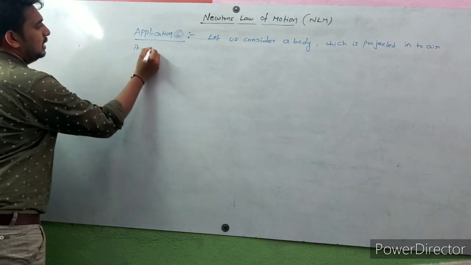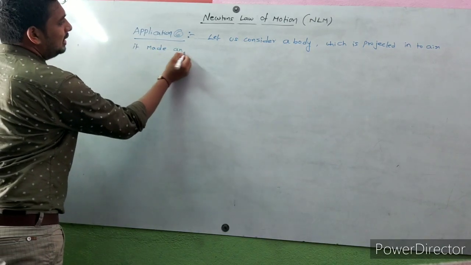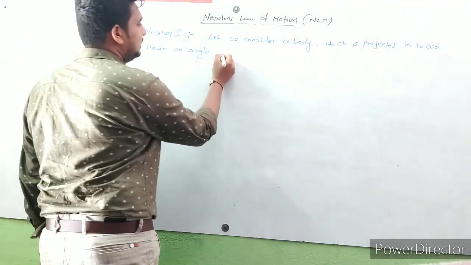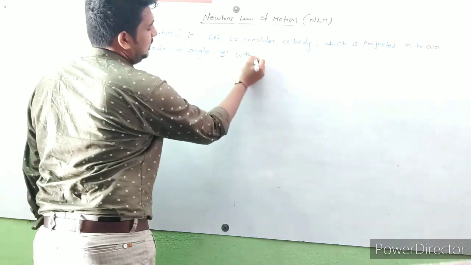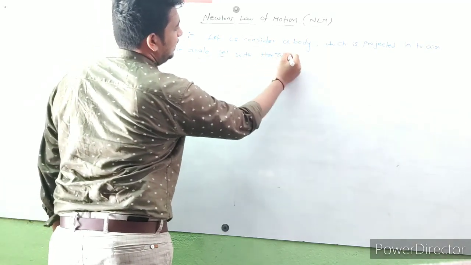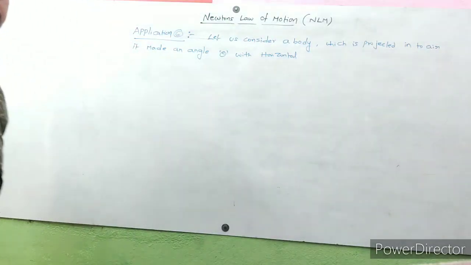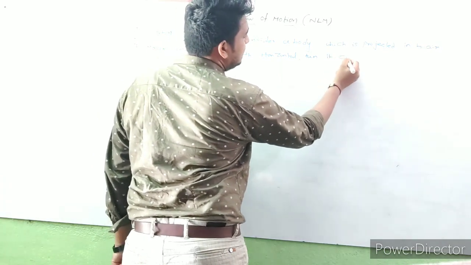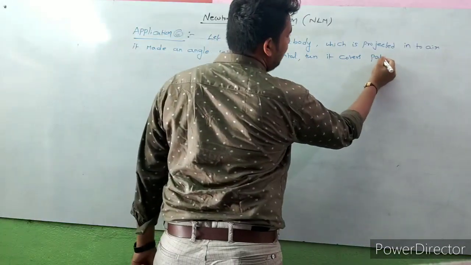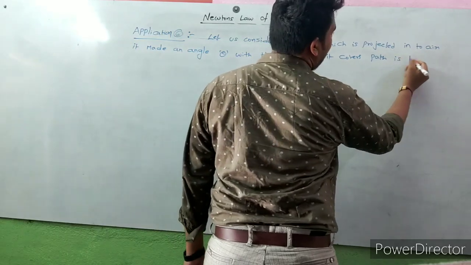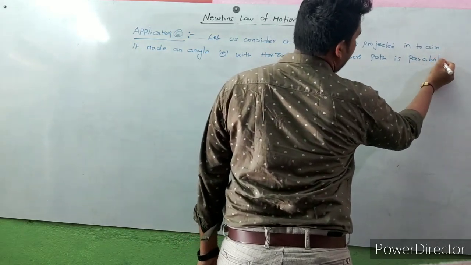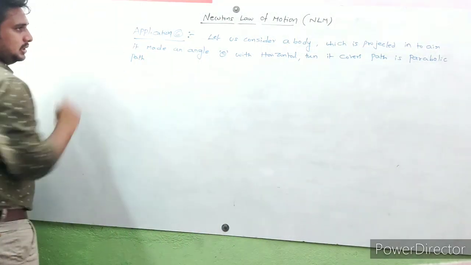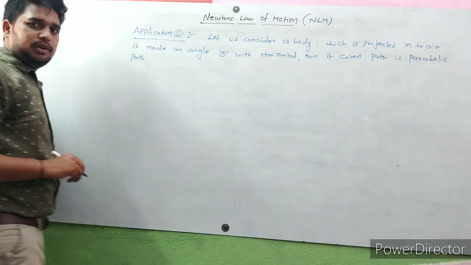It makes an angle theta with the horizontal. Then the path it covers is a parabolic path.